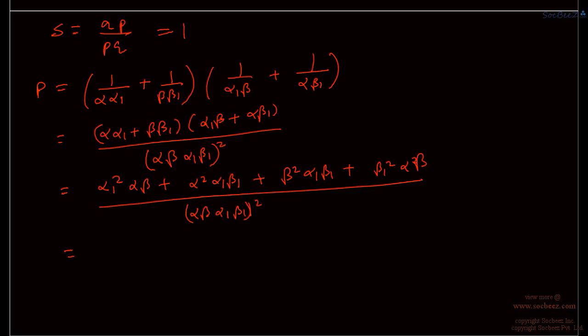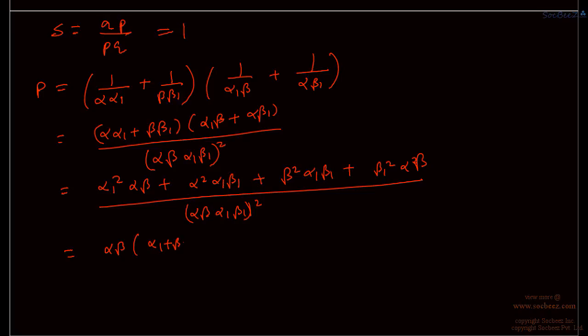Now here again I cleverly try to take the common things. So alpha beta is common for the first and fourth, and I have alpha 1 squared plus beta 1 squared. That can be written as alpha 1 plus beta 1 whole squared minus 2 alpha 1 beta 1, right?